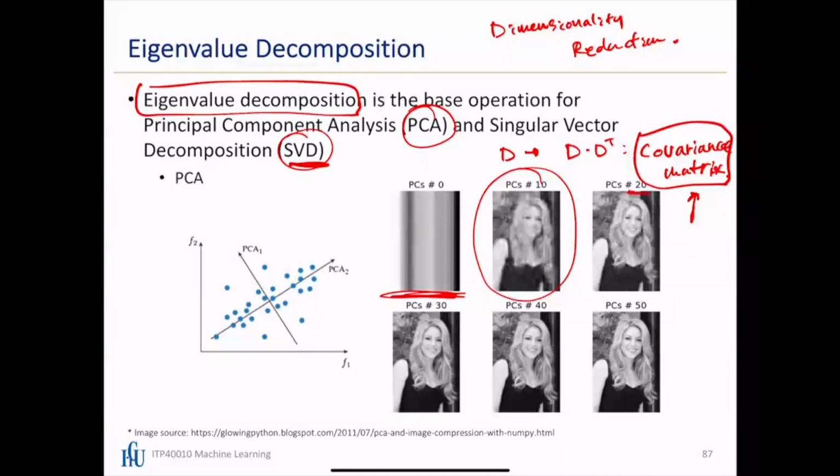And as the number of PCA vectors you take increases, the image becomes clearer. So it can be understood as a sort of data compression, and a more exact name for this technique is dimensionality reduction.